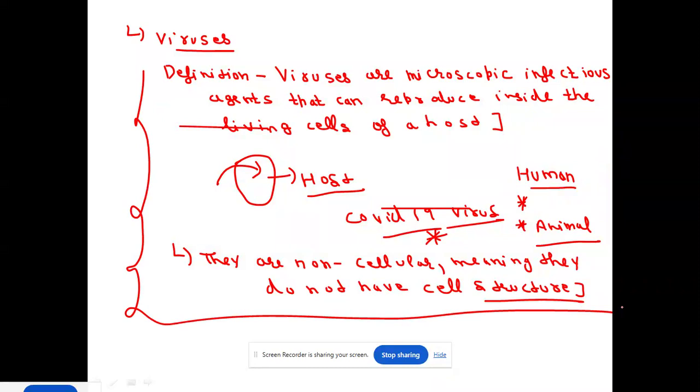So what is the definition of viruses? Of a host. Okay, they are non-cellular. It means that they do not have a cell structure. Understood? Every point crystal clear, Manya, tell me.